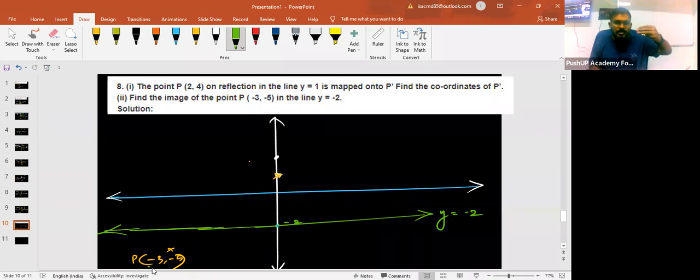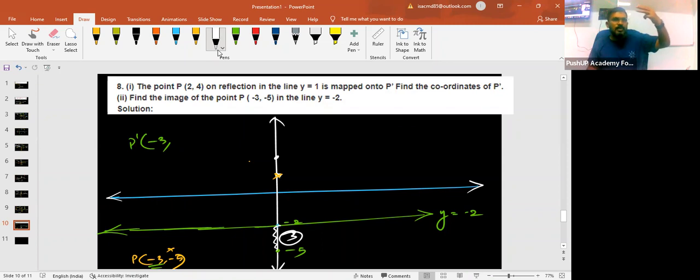So no change in the x coordinate. -3 will remain -3 itself. The change is going to happen in the y coordinate. Let's figure out what would be the distance of -5 to -2. How much will be the distance? I think it is 3 units. -5 to -2 is 3 units. So the same 3 units you have to go up also, isn't it?